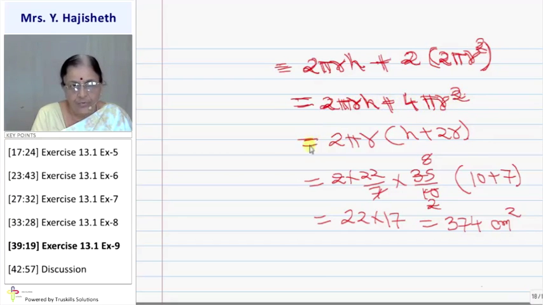You take out 2 pi r common. अंदर आएगा h plus 2r. Put the value.